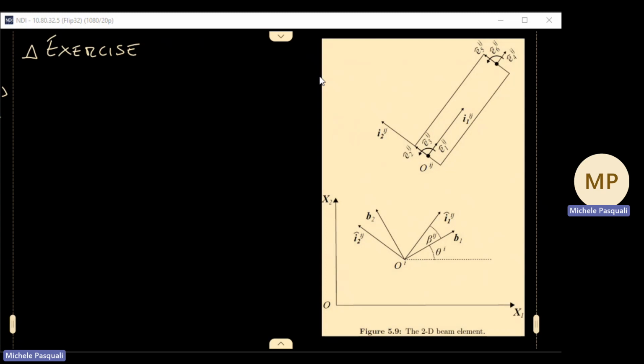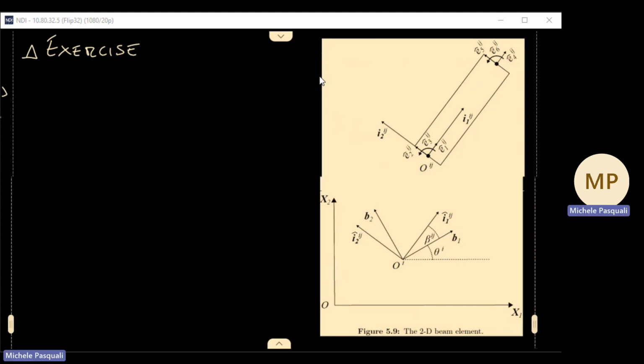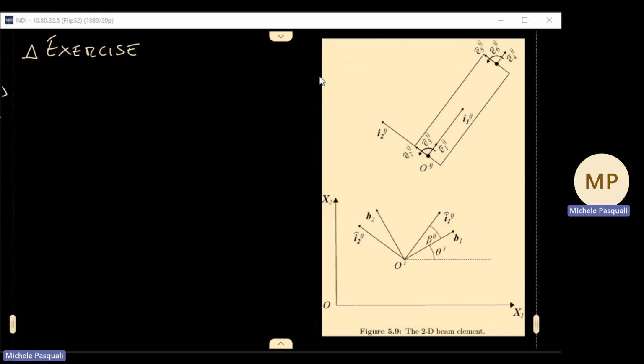Then we have the body frame, b1 and b2. Then we have I1, I2 overhat ij, which is the intermediate frame, which is just co-aligned with respect to the element frame. And therefore, it forms an angle beta ij with respect to the body frame, okay?